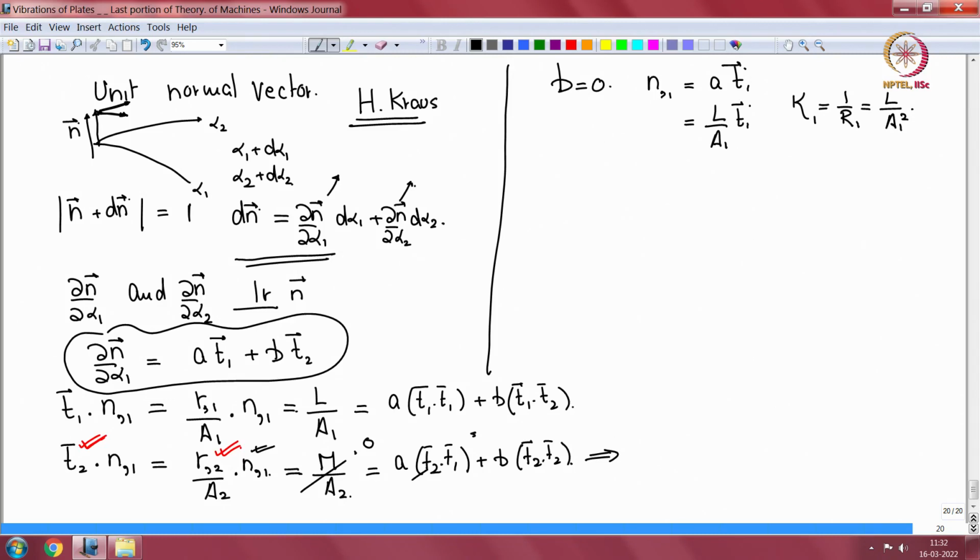Therefore L will be equal to A1 square by R1. So I will have A1 square by A1 R1 T1. So del n by del alpha 1 is equal to, if I cancel this out, A1 by R1 T1. So this is one formula we will use.